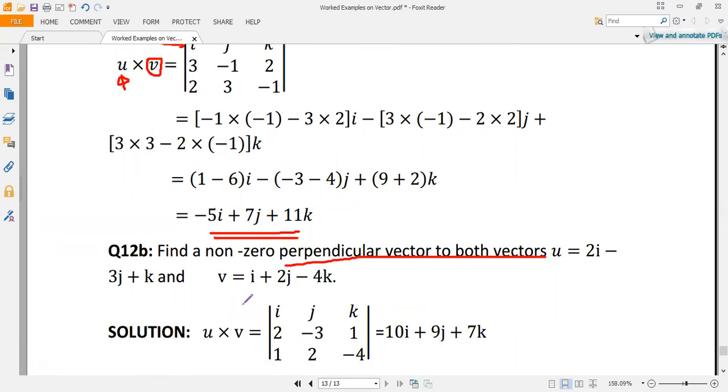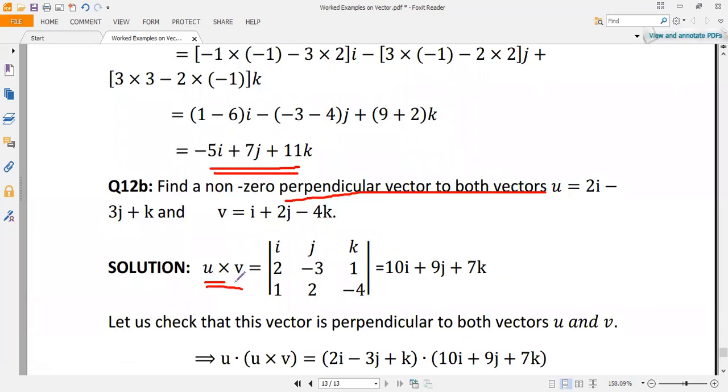So finding a non-zero perpendicular vector means to find the cross product of u and v.